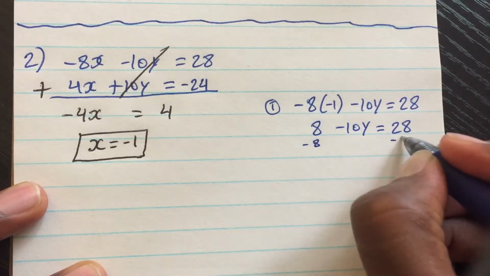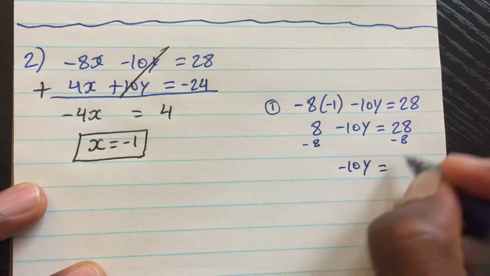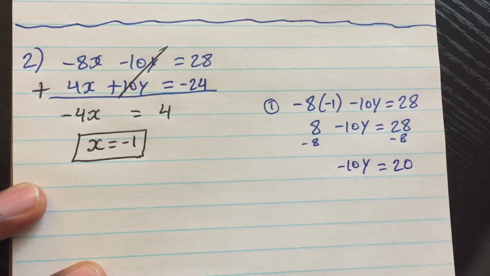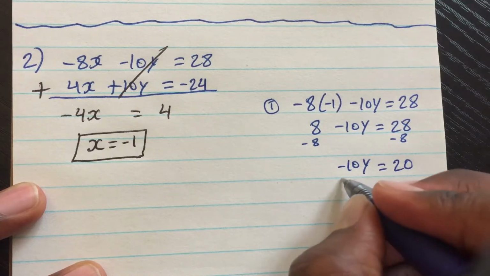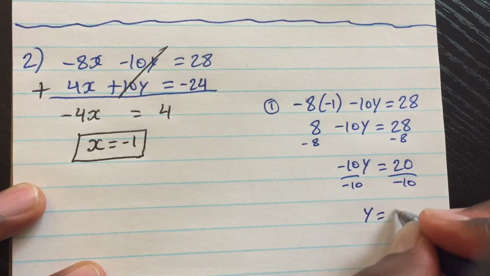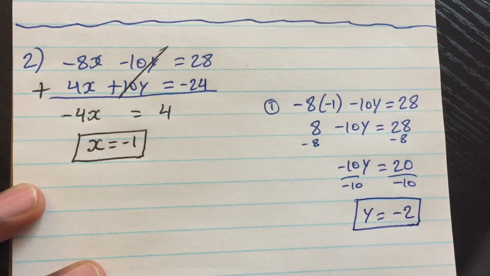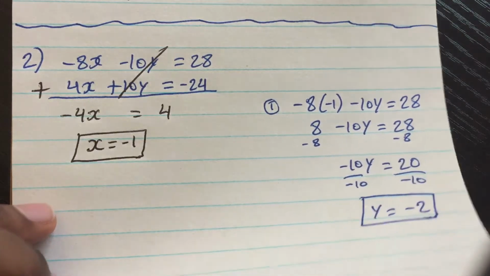Subtract 8, subtract 8, -10y equals +20. Divide by -10, y equals -2. So the solution would be -1 and -2.